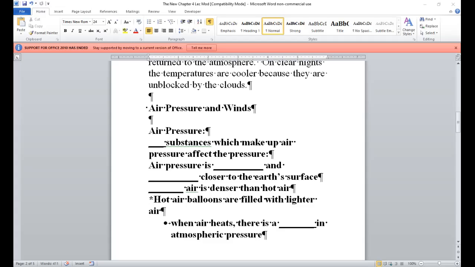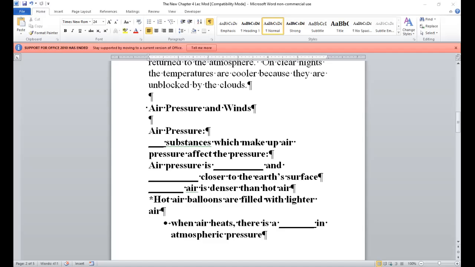So air pressure and winds. The difference in air pressure from place to place, that is what affects your weather conditions. Gas substances, which make up air pressure, affect the pressure.